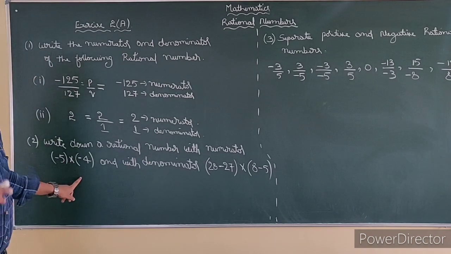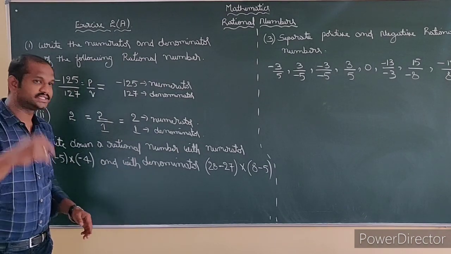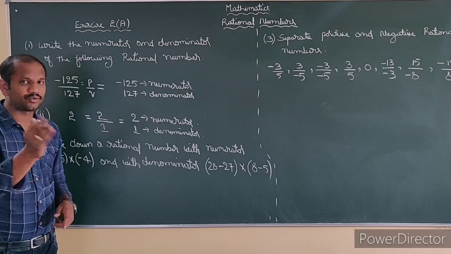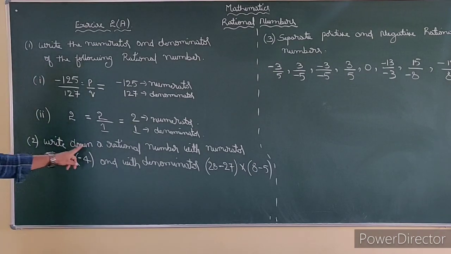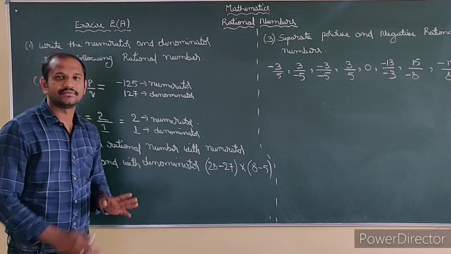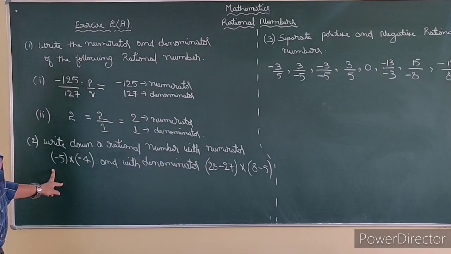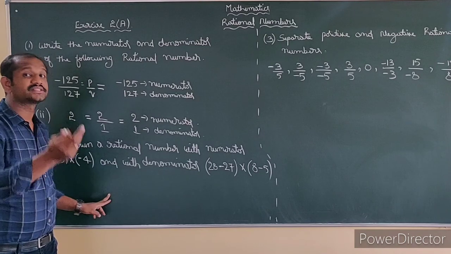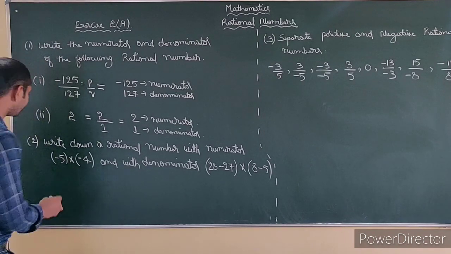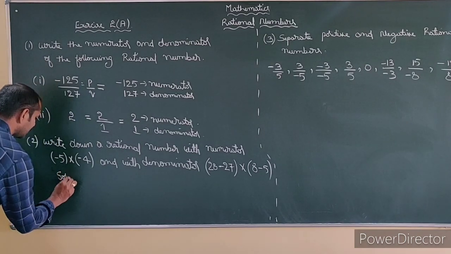But the second problem is we need the knowledge of integers to solve this problem. How I will tell you. Look at it. Write down the rational number with numerator. They have not given a number. They have given some problem to solve. So what do we have in the numerator? Look at it.